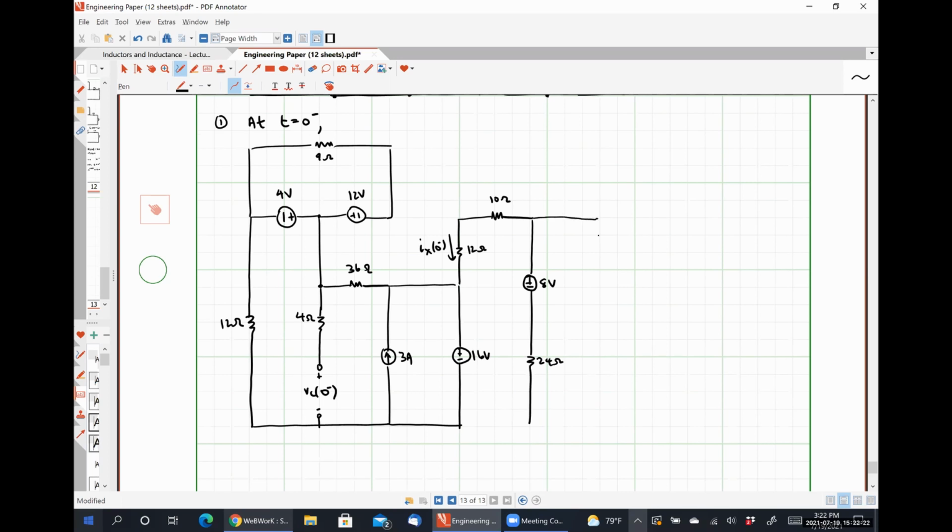And then over here, we have a 12 ohm resistor. Okay.